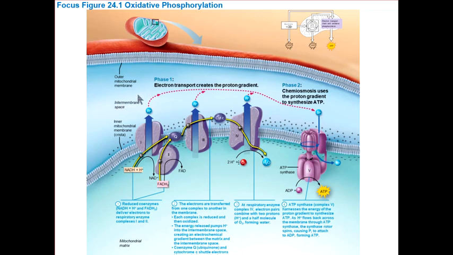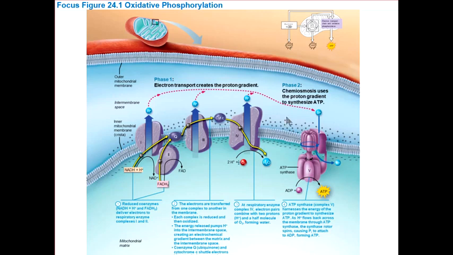Remember, we're still inside the mitochondria. So the electrons being transported act as a pump to pump the hydrogen ions out of the mitochondrial matrix and into the intermembrane space. At each complex here, 1, 3, and 4, hydrogen ions are being forced out into the intermembrane space. So what does that do?